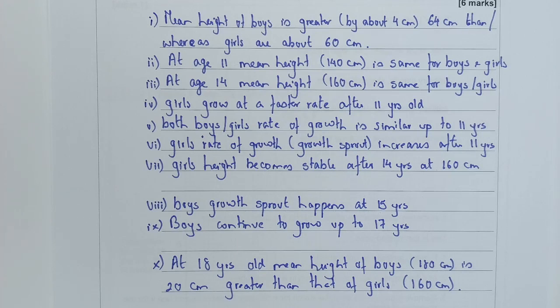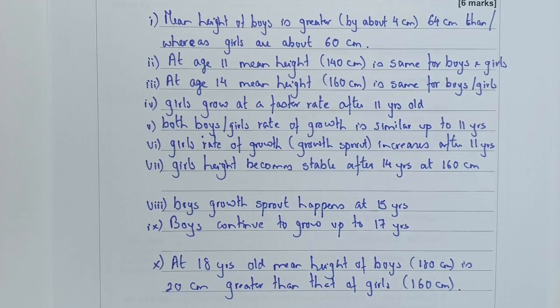Point 8, boys' growth spurt happens at around 15 years, and the boys continue to grow up to 17 years old. At 18 years old, the mean height of boys, which is about 180 centimeters, is about 20 centimeters greater than that of girls, which is 160 centimeters.